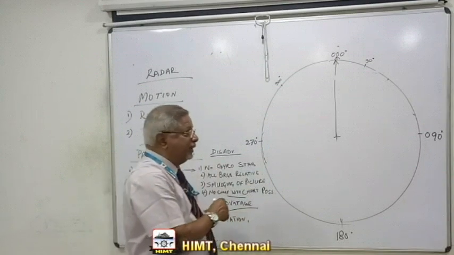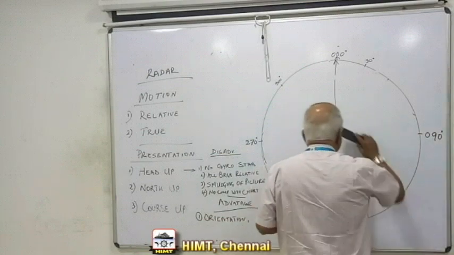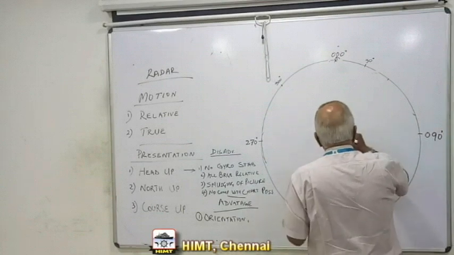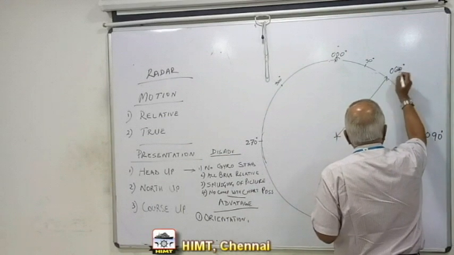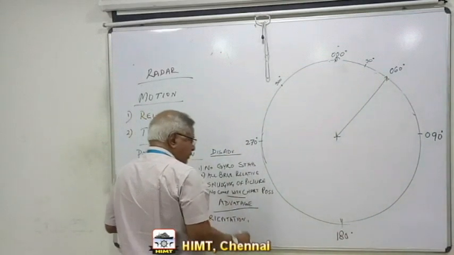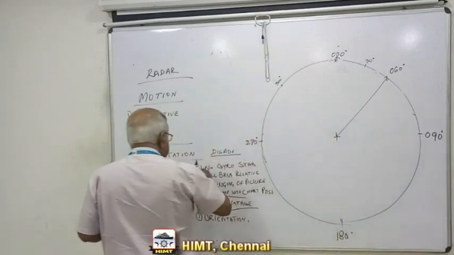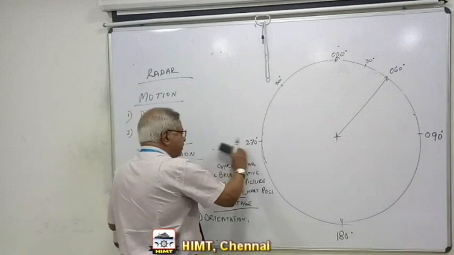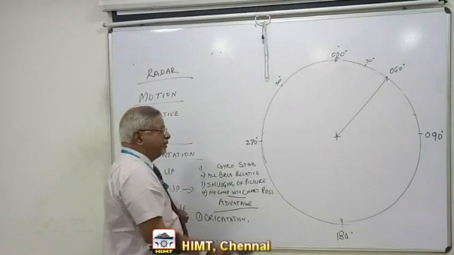So now if I am steering 060, where will the heading marker point? 060. That is the difference between your head-up and your north-up. In north-up, first it has to be gyro stabilized. Now all bearings are what?